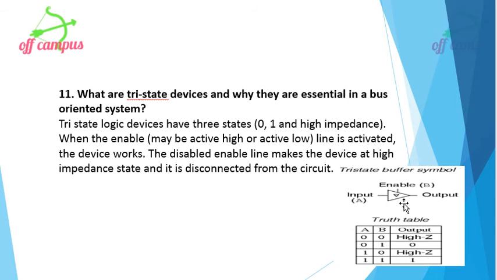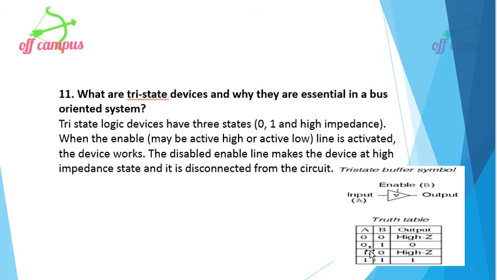If it is given with the bubble, meaning the active low symbol, that makes the enable line activated. Okay, can you understand now? First, 0 0, means A is 0 and B is also 0. Enable line should be activated, but here it is active high, so what happens? It gets disconnected from the circuit. That means it goes to the high impedance state.